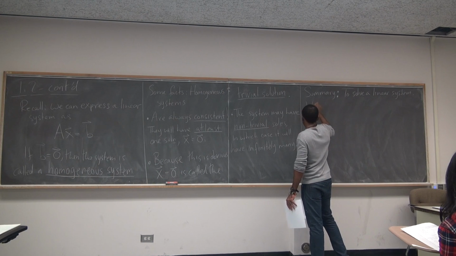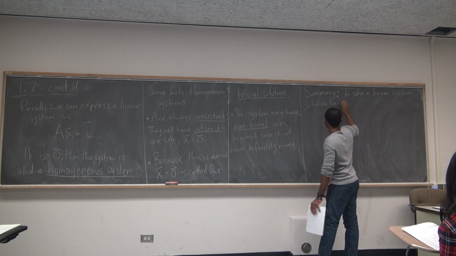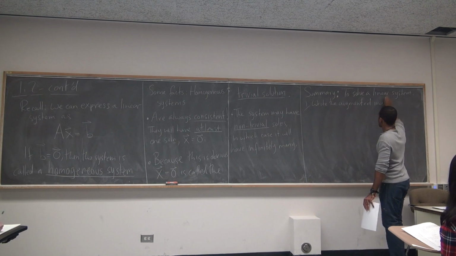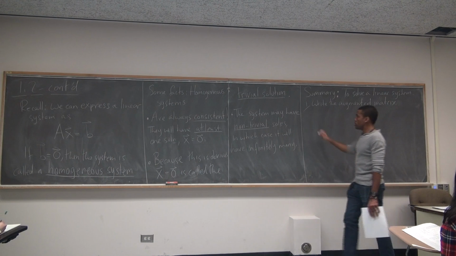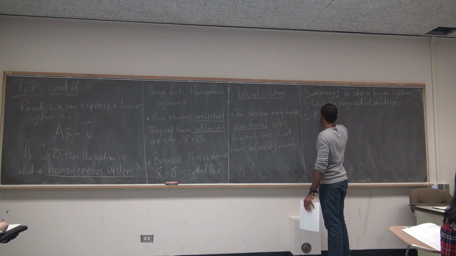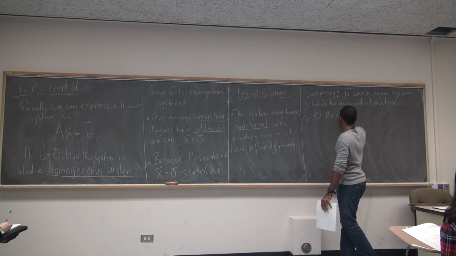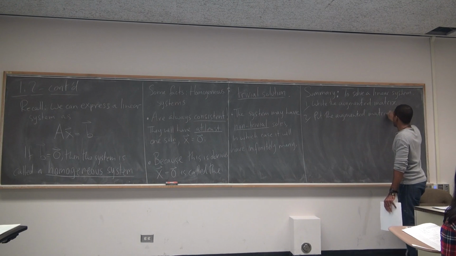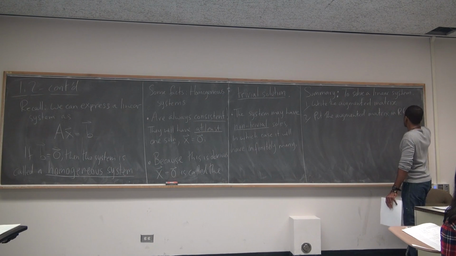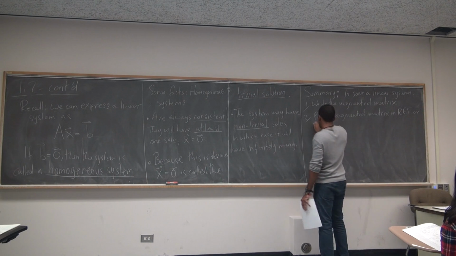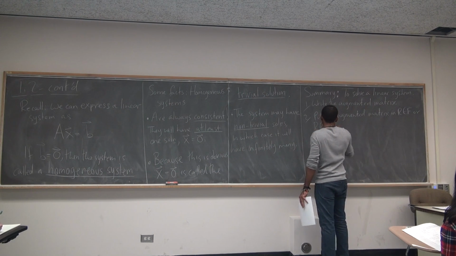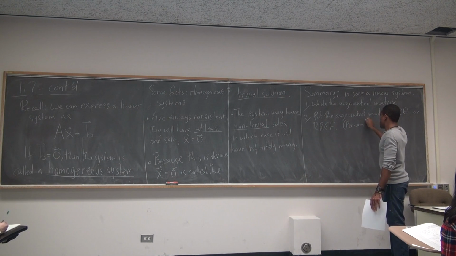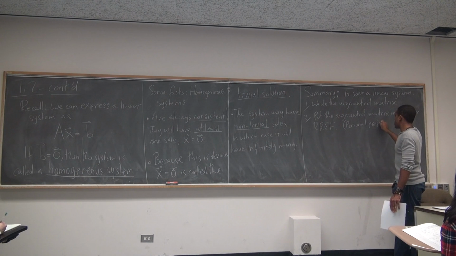One, write the augmented matrix. Two, put the augmented matrix in row echelon form or reduced row echelon form. Of course, you can use your personal preference unless required otherwise.